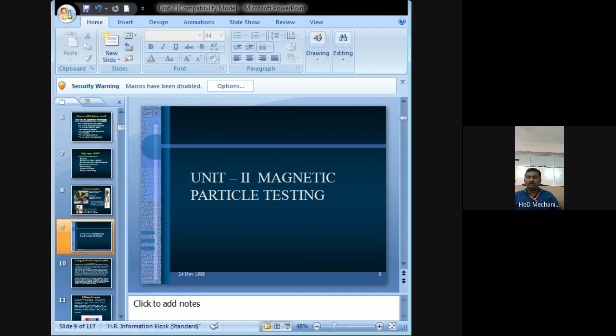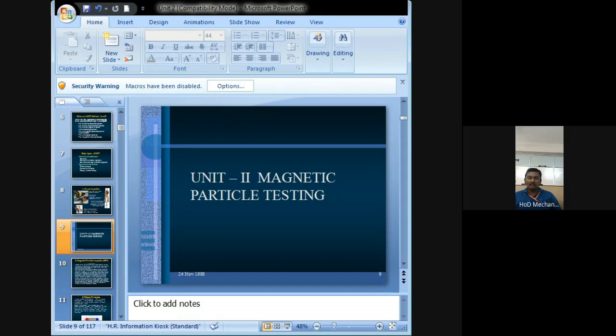And what are all the magnetic particles used for this inspection? The MPT method is shortly denoted MPT. That means the M stands for magnetic, the P for particle, and the T for testing: magnetic particle testing.